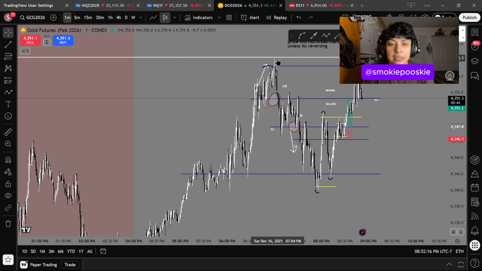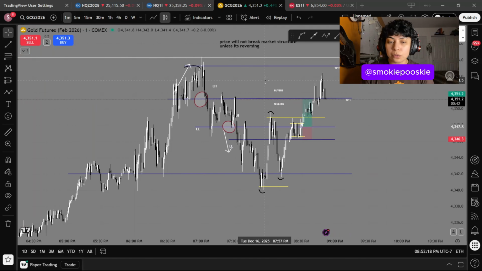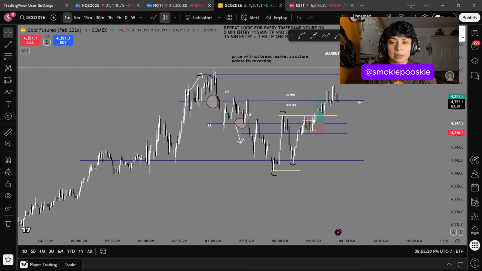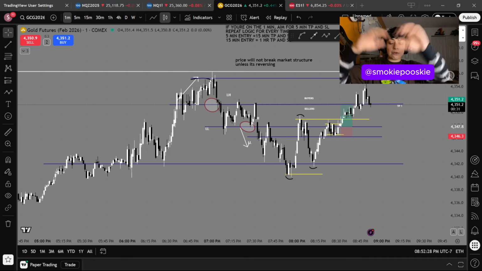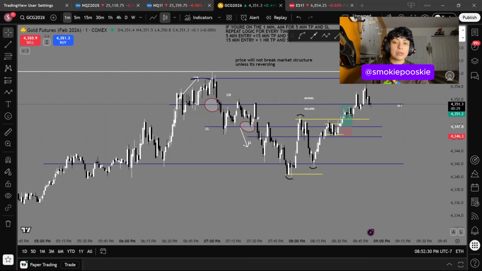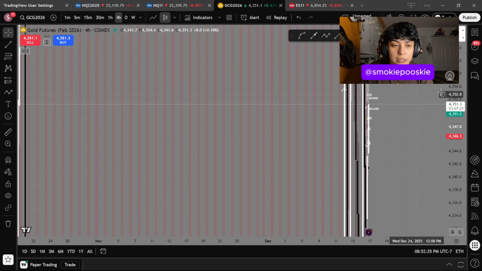We rejected that 4 hour level. We were like, no, we do not want to go up. So what did we do? We were able to capitalize on some shorts because it was a tiny little correction on the 4 hour. If we zoom out, this probably was a correction. Actually, let's go and check it out.